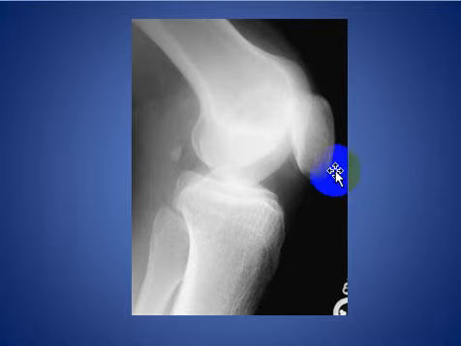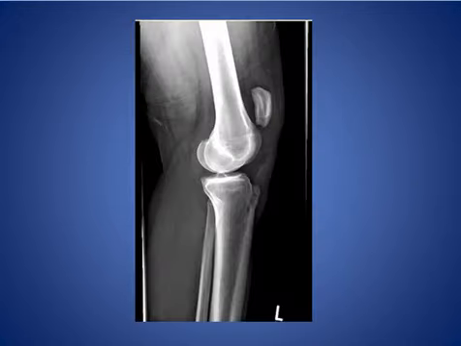Here we see the patella is low in position, and we call this condition patella baja. Here we see the patella is high in position due to patellofemoral pathology, and we call this condition patella alta.